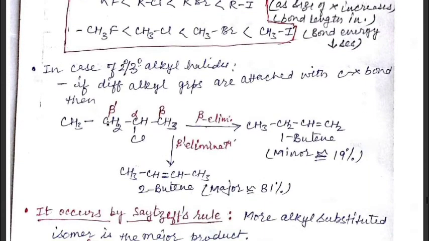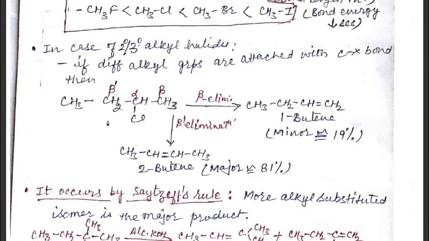Now in case of secondary and tertiary alkyl halides, since we have two types of beta carbon atoms, okay, this is the alpha carbon atom. Halogen containing carbon is alpha carbon atom, and to this alpha carbon atom, one carbon atom is attached on both sides. So in this way, two beta carbon atoms are present, and hydrogen atoms attached with beta carbon atoms are beta hydrogen atoms.